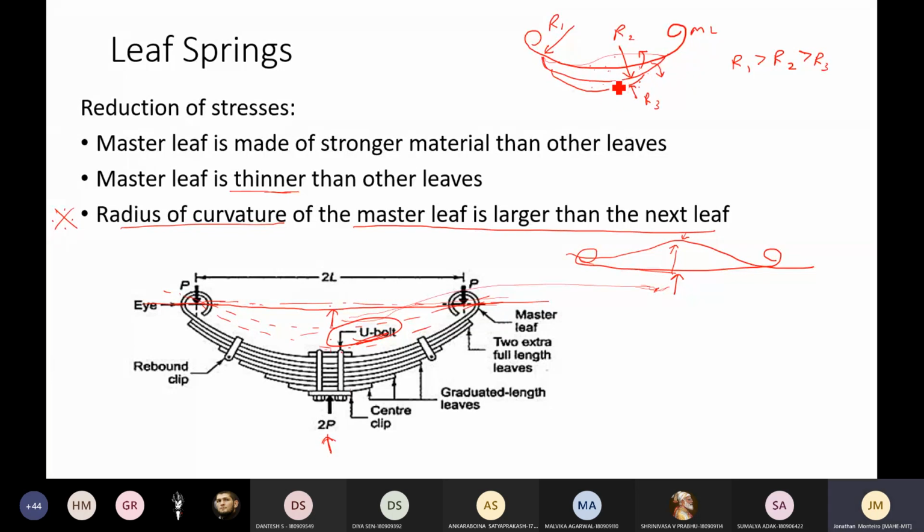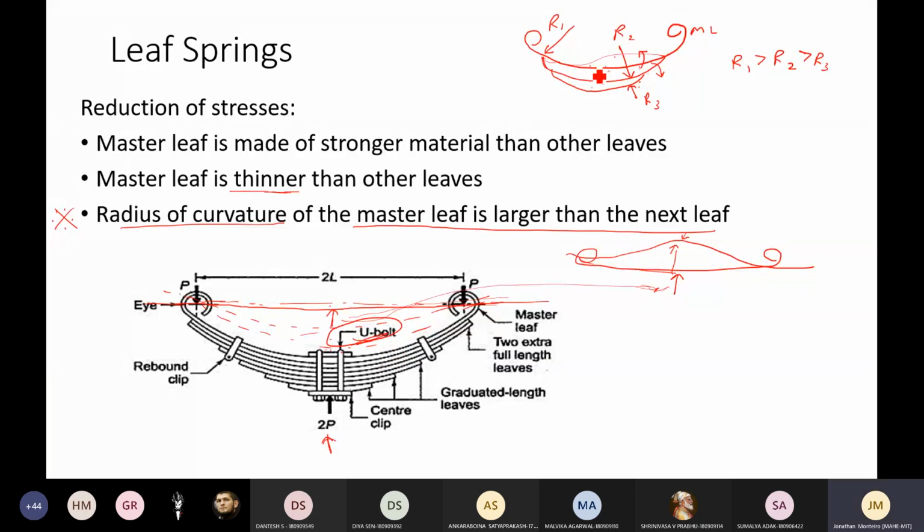Then we can say the entire leaf spring arrangement or the elliptical spring arrangement will behave as a uniform strength beam. That is one part. Secondly, this camber is maintained. Whatever the stressing is, it will come till here and then rebound back. It will not go to the other side, giving undue stresses on the spring itself.